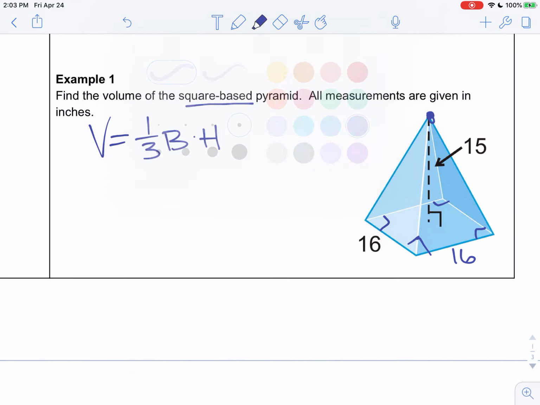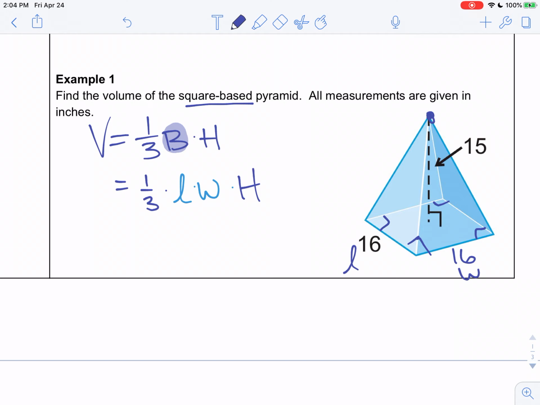We are going to then take this big B and replace it with the area formula for a square. So you can think of it as length times width, or you can think of it as length squared, whatever floats your boat. Okay, our length and width are both 16, so we'll plug those in for L and W. The height of my pyramid from top to the bottom, drop down at a right angle, that's 15.